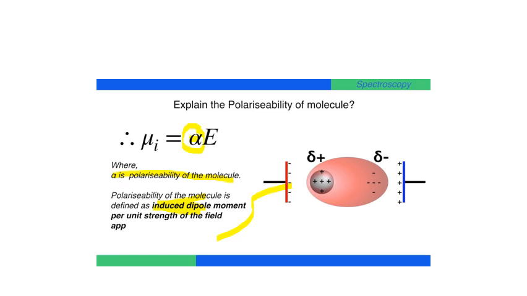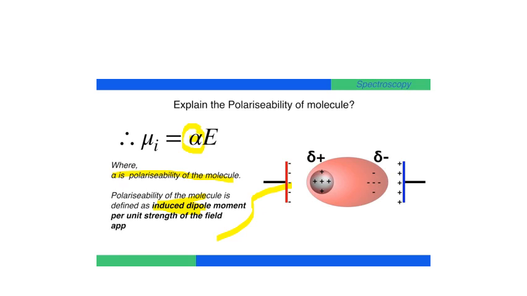As shown in the figure, if there is no field, then there is no separation. But in the presence of a field, the left hand side is minus, they have shown, and the right hand side is plus. Then there is a separation between the ions. Actually, the electrons are lighter particles, so we should say the electrons are moving. It may confuse you that the nucleus is also moving, but in most cases the nucleus cannot move.